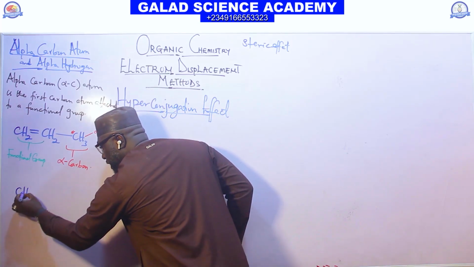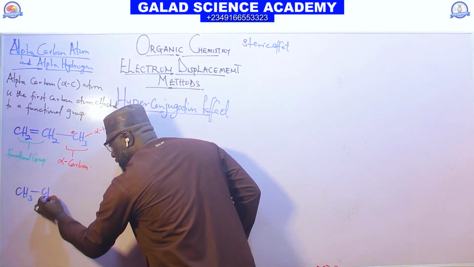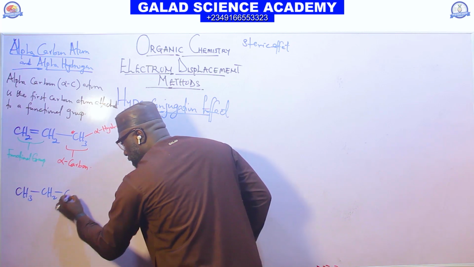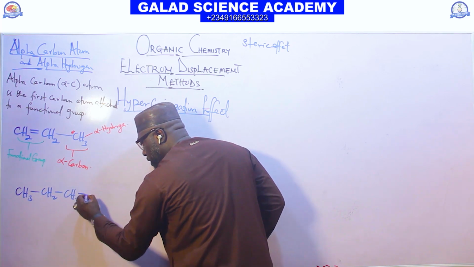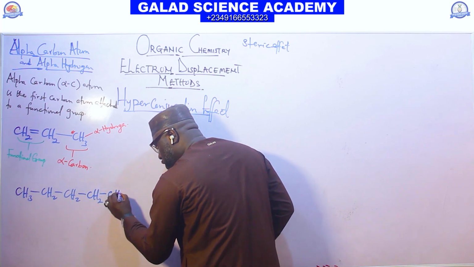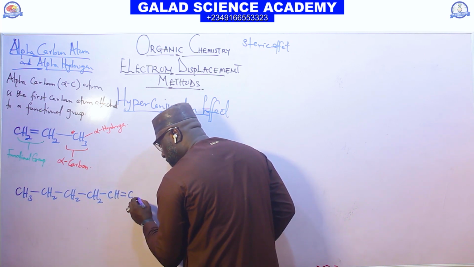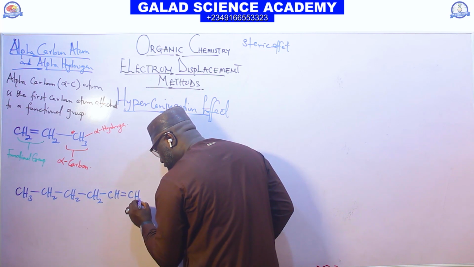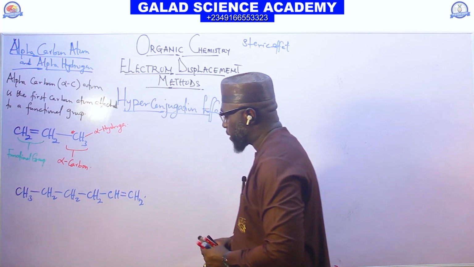Let me say we have CH3, CH2, CH2, CH2 bond with H, double bond, and we have H2. Look at this structure.